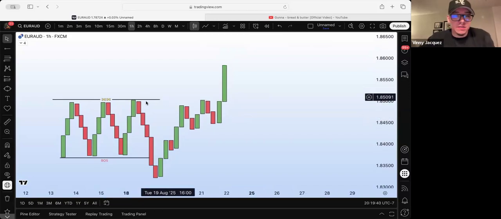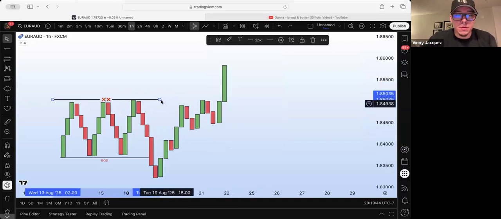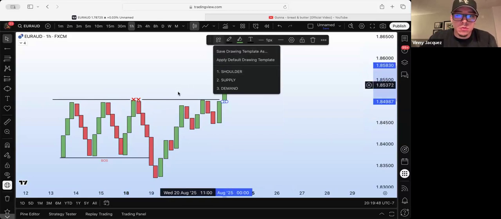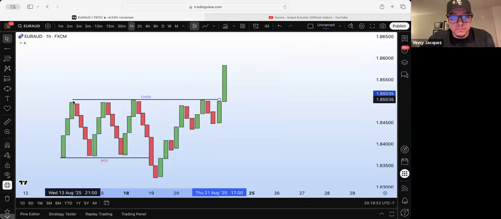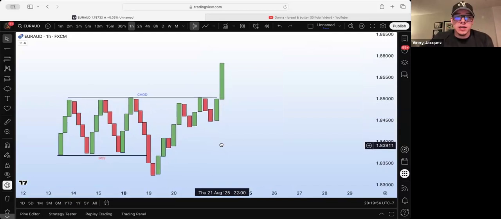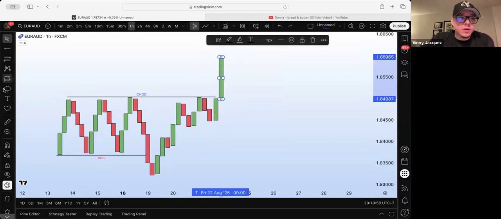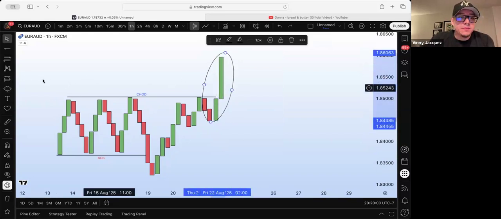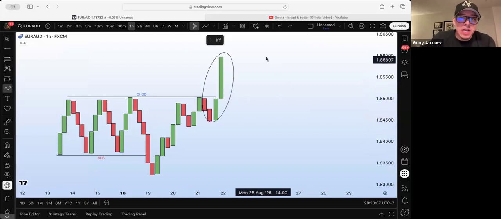So we have our change of direction, right? Liquidity was taken. So let's go ahead and label this my change of direction, right? Let's confirm, okay? Now, this is the thing, guys. Once we find our breakout rally, we have to follow that rally back down to the last selling candle.